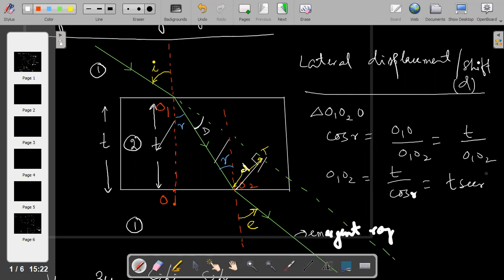So how to calculate D? D is in the triangle O1 O2 T. ये triangle में D easily you can calculate. लिखो.